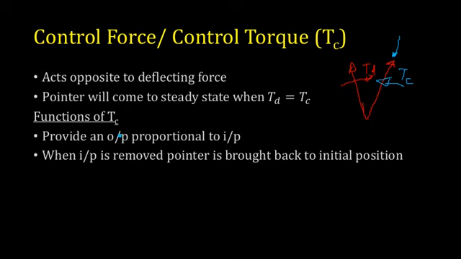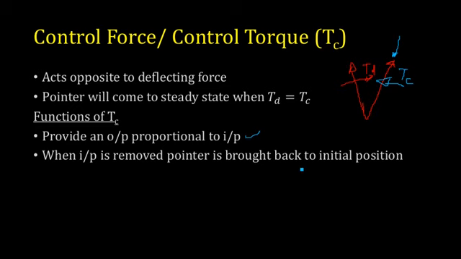So the function of TC is to provide an output which is proportional to input, that is, to balance TD. Also, when your input is removed, your pointer is at this position. Once the input is removed, your deflecting torque will be 0. The pointer is at this position, and only since you have a TC can your pointer move back to the 0 position.